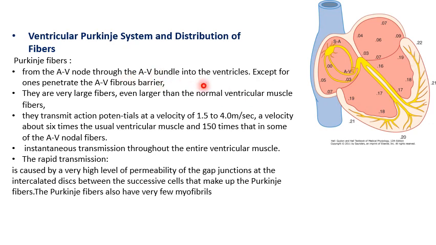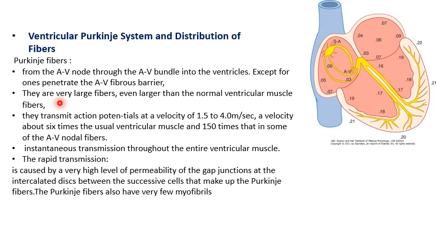So the signal is considered to be conducted very fast, except for the part of the AV bundle that is called the penetrating part. This one, the conduction is slow. They are very large fibers, even larger than the ventricular muscle fibers, but their function is not to contract.